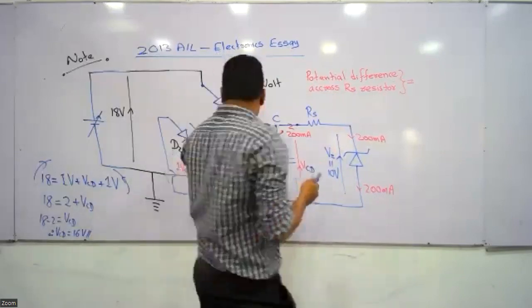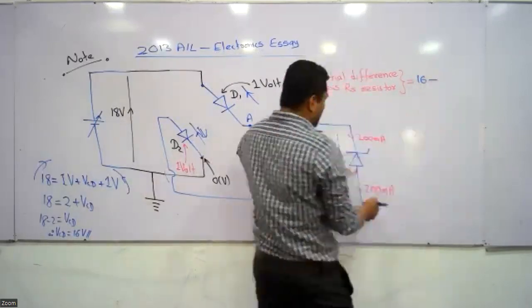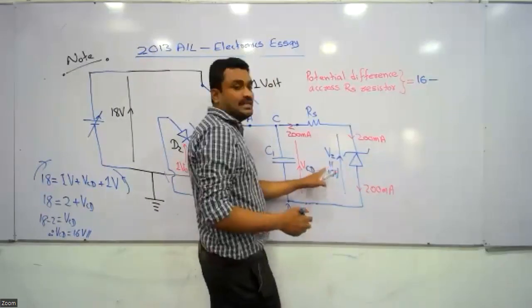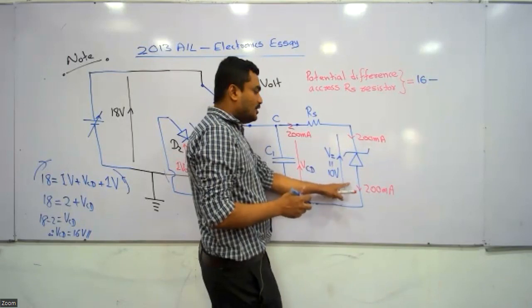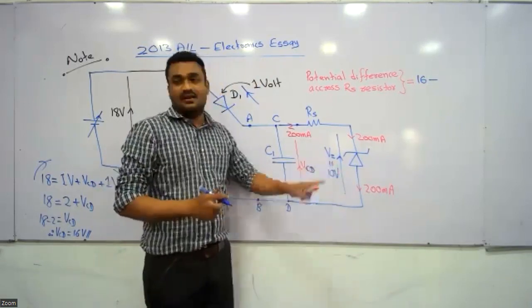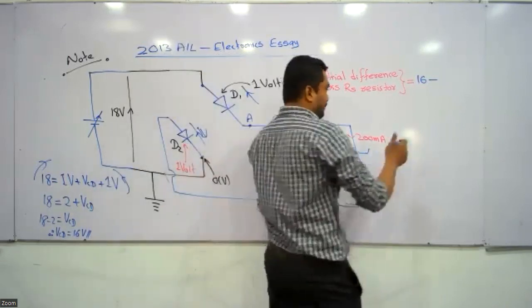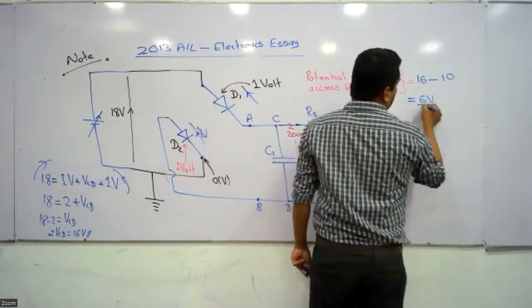Potential at this point, that's what we have found as VCD, is 16. Potential across the Zener diode is 10 volt. The breakdown voltage of a Zener diode, when it is reverse biased, is said to be the Zener voltage, which is given as 10. 16 minus 10 is 6 volt.